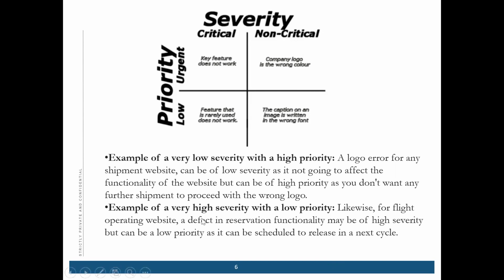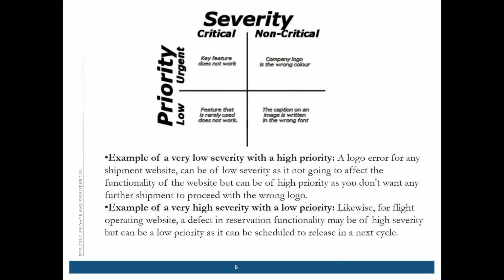Okay. Now comes the high severity and low priority example. Can anyone tell what is high severity and low priority? Low priority means it could be resolved at a later point of time also.